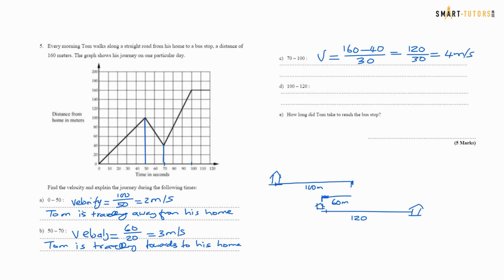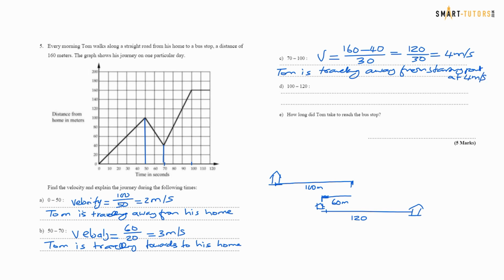So 4 meter per second. So Tom is traveling away from starting point at 4 meter per second.